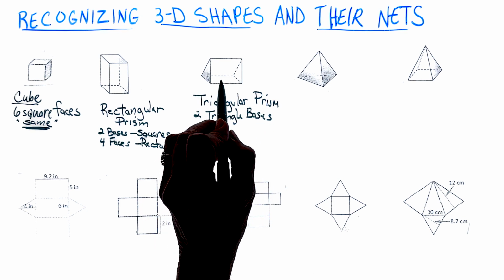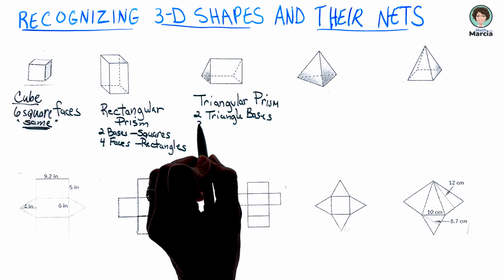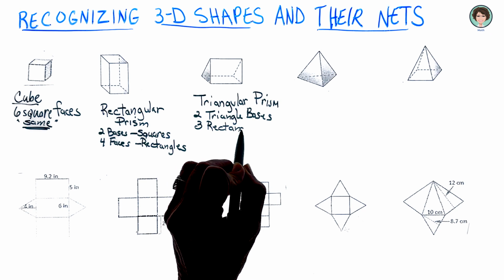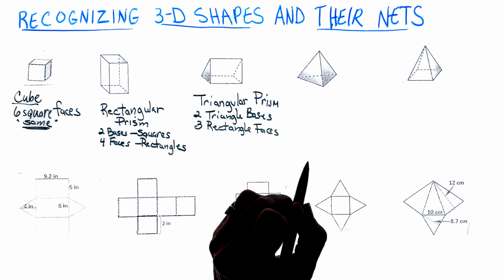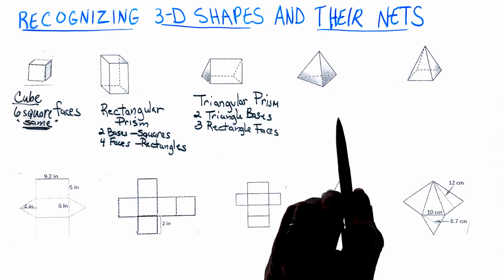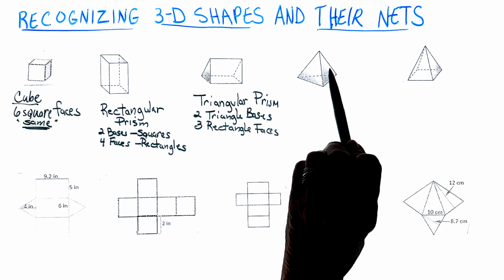And notice there are 3 rectangle faces. There's one here, one on the other side, and one on the bottom. Total of 5 sides.